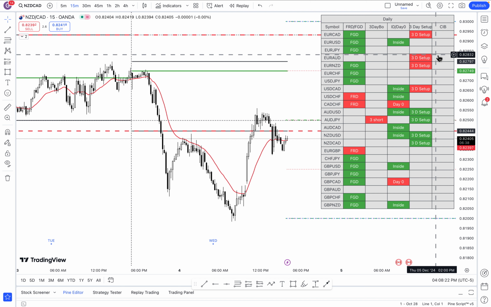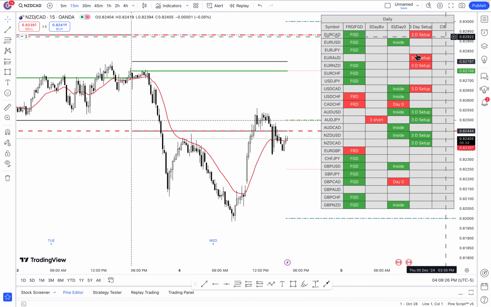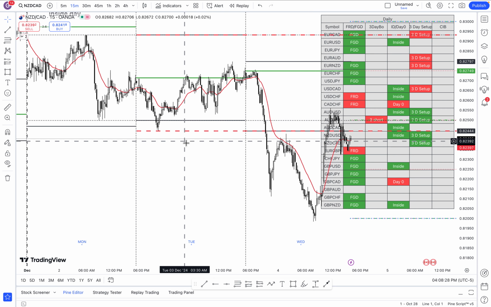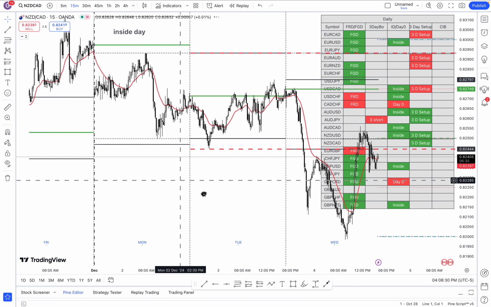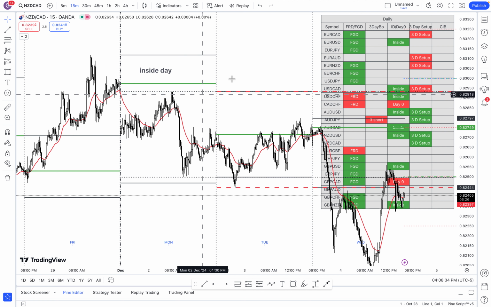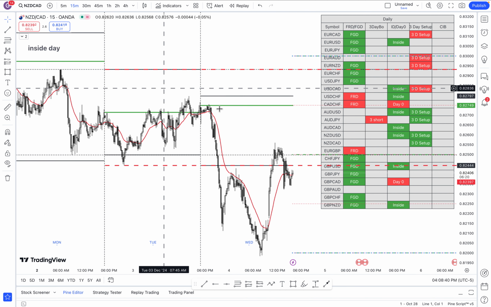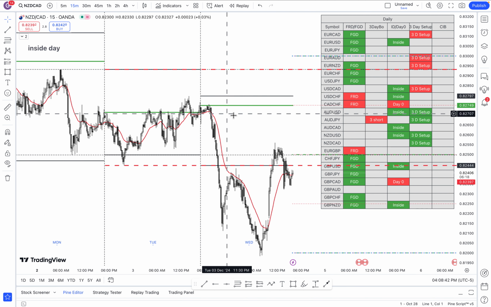Now let's take a look at that. Okay, it's a 3-day setup. We had day 1 on Friday. Inside, it does not count. Day 2 inside the first break reversal trigger. Monday is day 1, Tuesday is day 2, Wednesday is day 3.